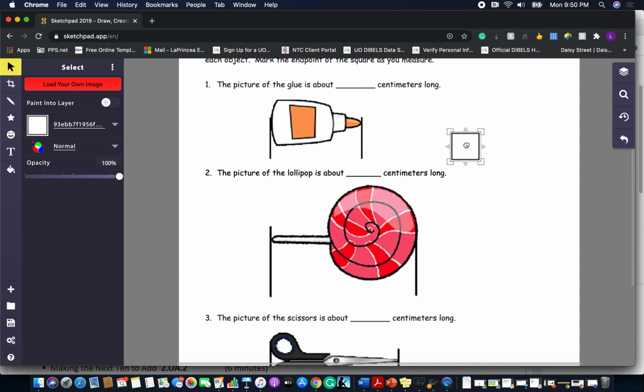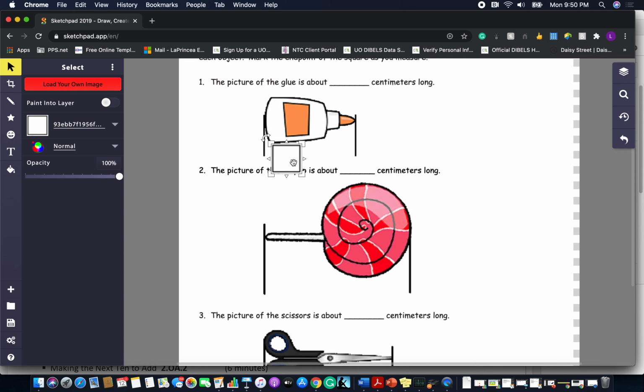So I'm going to start by measuring this glue here. And remember, I start at my end point. Just make this a little bit smaller until it reaches the size of my pinky. And then I'll be ready to measure.